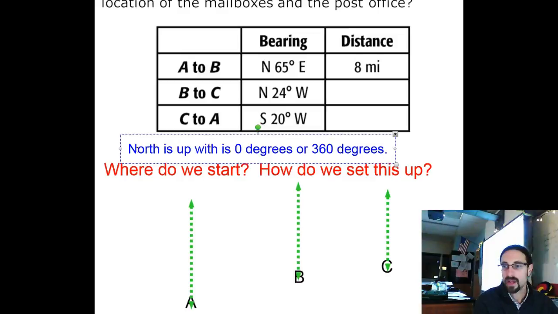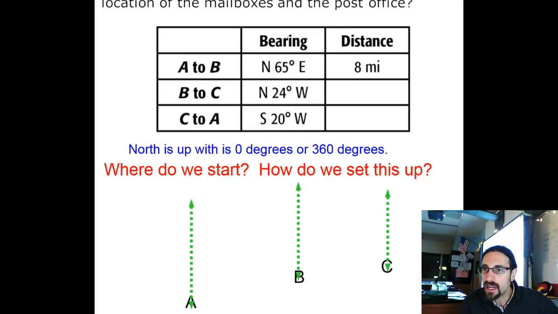Okay, so now let's get back to the problem. So I've got a point A, and here's my north bearing, right? Now if I go from A to B, first I look north, I'm going due north, and then I turn 65 degrees east. Well, that's 90. Halfway between is 45, so somewhere along this line, I don't know exactly where.